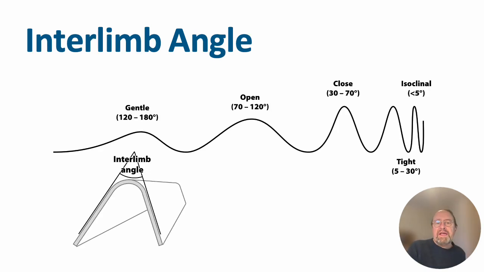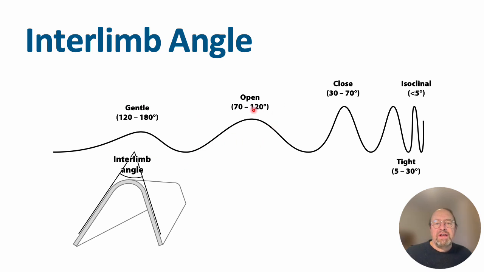So what you can see here is a series of different shapes to the folds, and we use this terminology to tell the reader of your report or exam exactly how the geometry changes from one to the other. So if the angle between the limbs is very large, this is referred to as being a gentle fold.